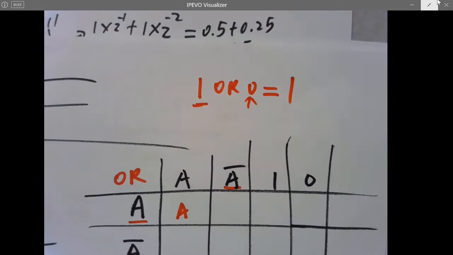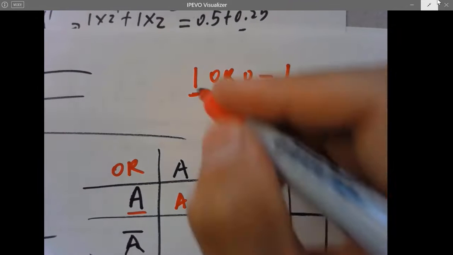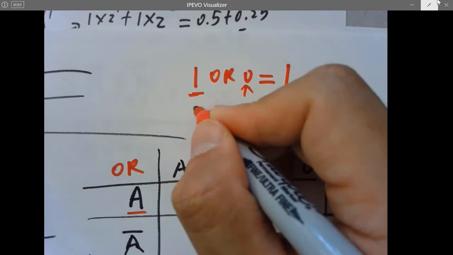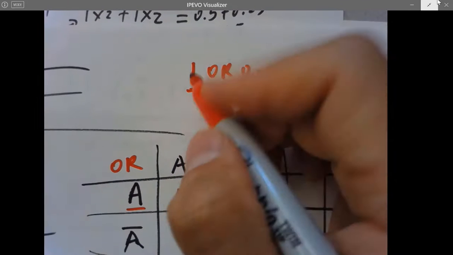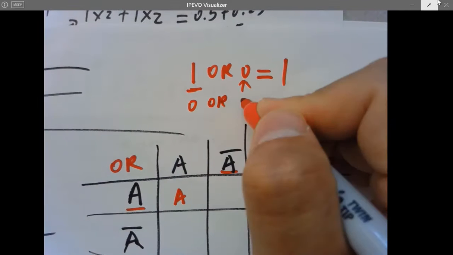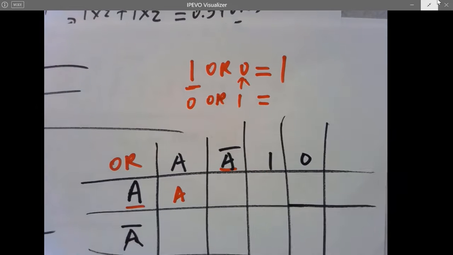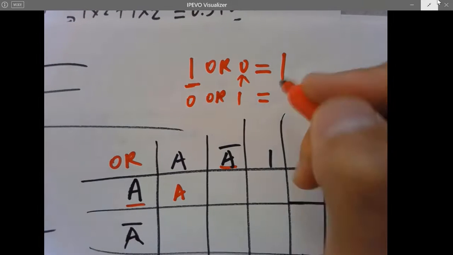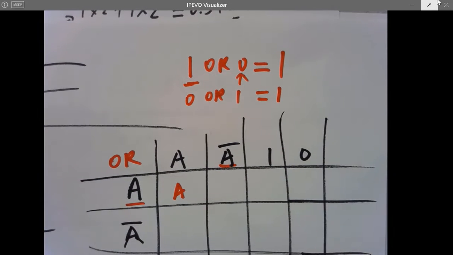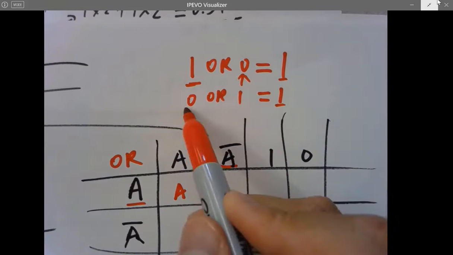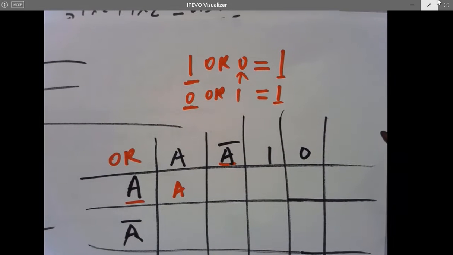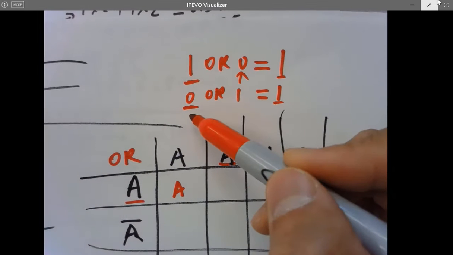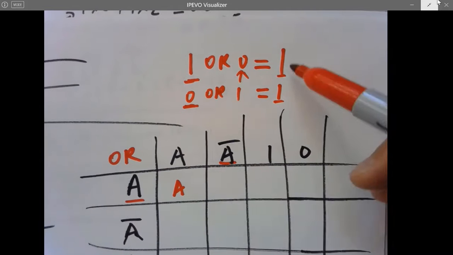Do not pick up this guy. 1. If A is 0, right? So 0 or 1, still 1. So A or A not is what? Come on. Do you have A here? A is changing. You have 1 or 0 for A, but you are always getting 1.